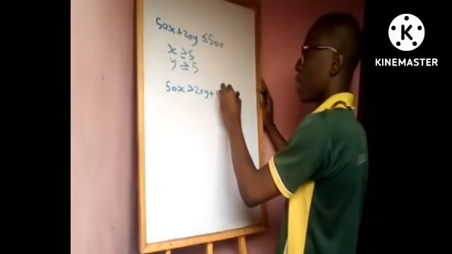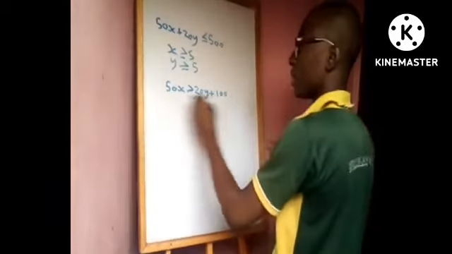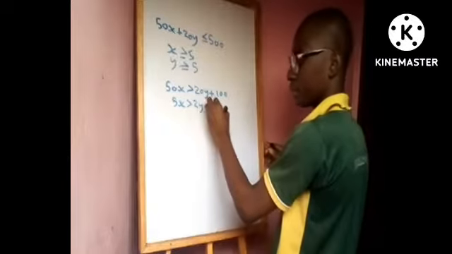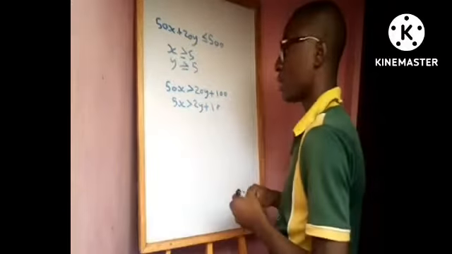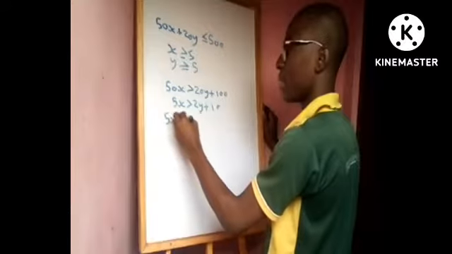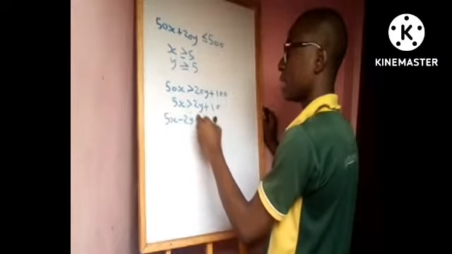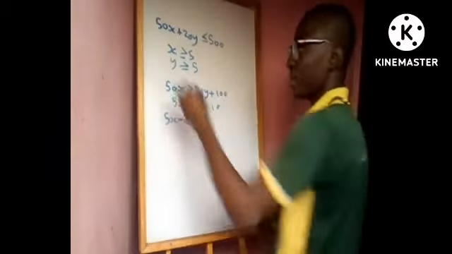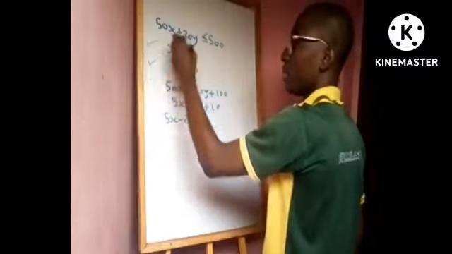So let's divide all through by 5. That's 3x is greater than 4y plus 20. When we move the variables to the same side, we have 3x minus 4y is greater than 20. Now we have different regions. We have region 1, the second region, the third region, and then this region above.